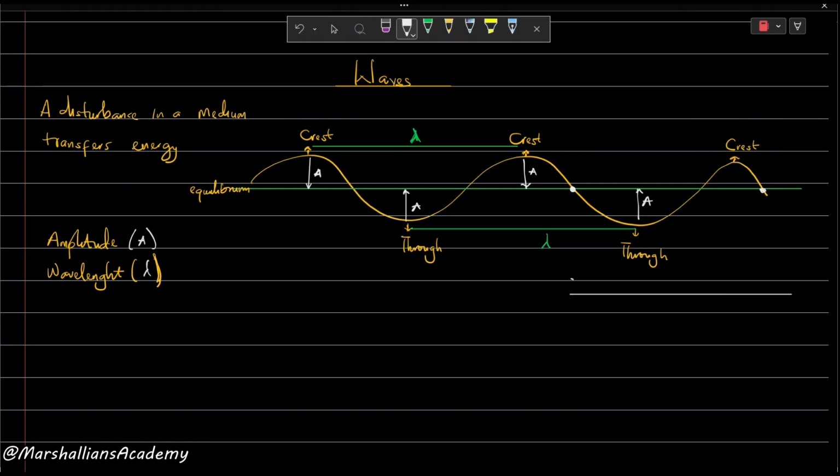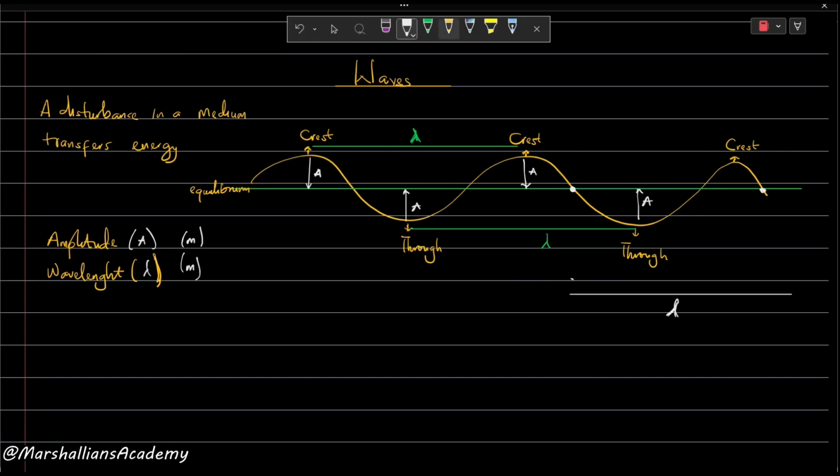So this is another wavelength too. So I could say it's the distance between two successive crests or two successive troughs or two equilibrium points containing one crest and one trough. And wavelength is also measured in meters. So they are both measured in meters.